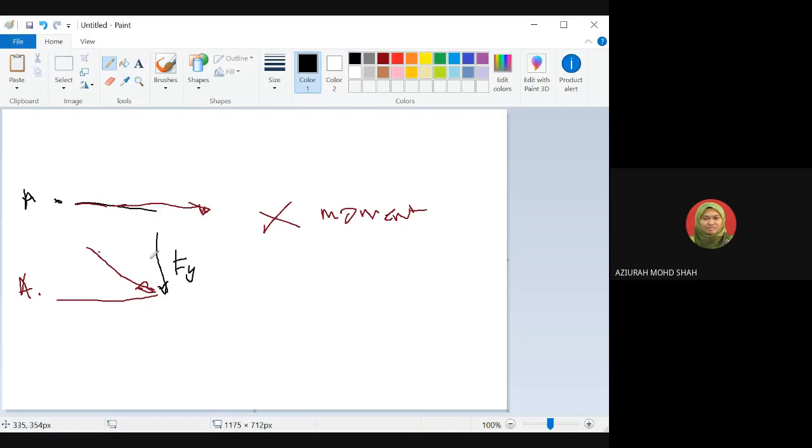Okay. Alright, so kita akan tulis tadi equation tu, ni 250 Newton.